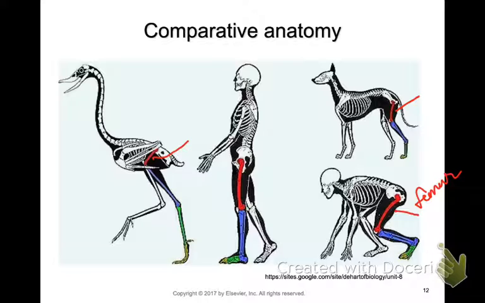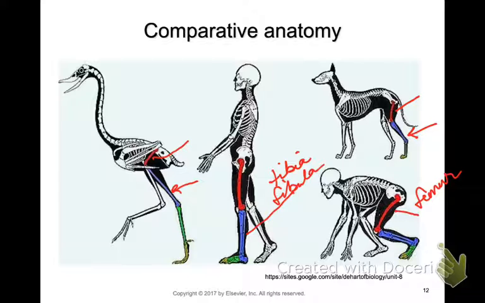The blue bones are the lower leg bones, the tibia and the fibula. The tibia is the larger one, and the fibula is the smaller one. In birds, those have been fused into one bone, the tibiafibula. In dogs, they are partially separate but fused towards the end. Again, it has to do with how these bones are used and weight bearing.